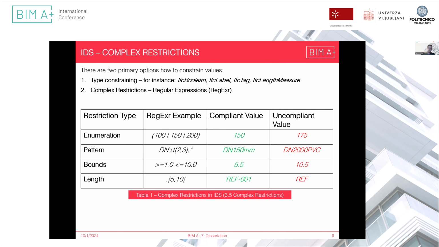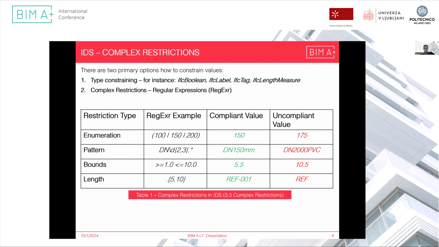Now, how to restrict the values? Well, we have two possibilities. We have type constraining. So we can say that this value has to be of IfcBoolean, IfcLabel, IfcIdentifier, or IfcLengthMeasure type. And then we have complex restrictions, where we use regular expressions for more specific patterns.